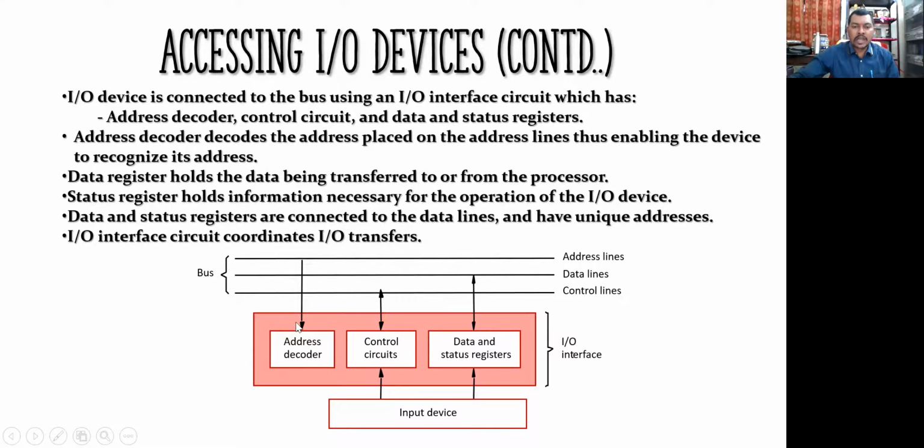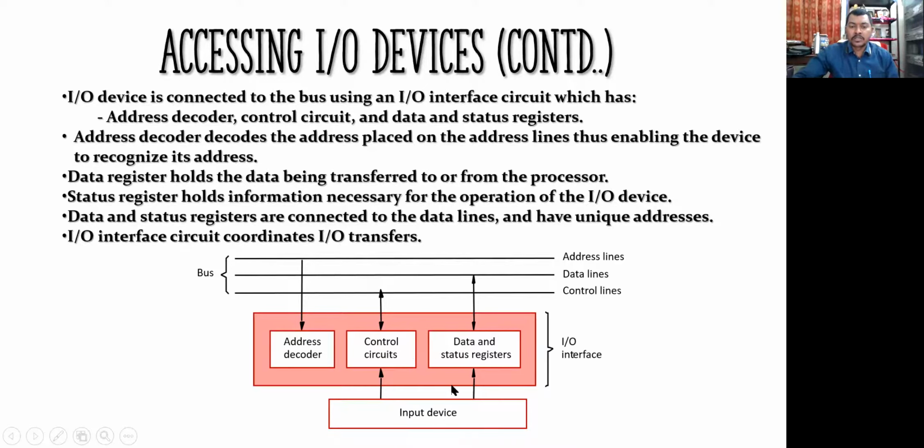So we should have this address decoder specifically to decode the address of that specific input output device. The second one is the control circuit, which is going to control in which direction the data is going to transfer, whether it is from 8085 to the input device, or from the output device to the 8085 processor.